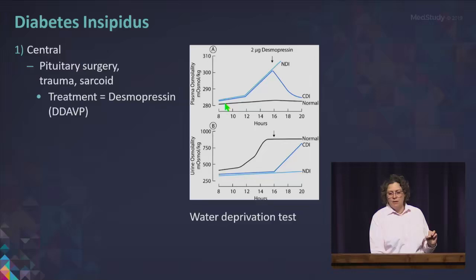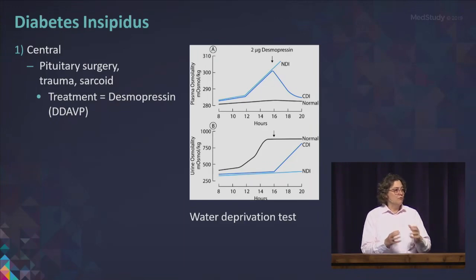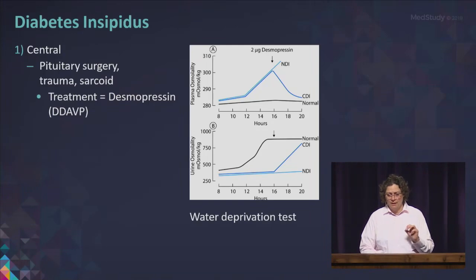As your plasma osms slowly creep up, change a minor amount, you are going to see that there's going to be huge changes in urine osms, meaning we're going to try to concentrate our urine to keep our free water to prevent the serum osms from going any higher. We want to prevent hypernatremia, prevent dehydration. So very small changes in plasma osms lead to huge changes in urine osms, and that is because of antidiuretic hormone. That is what is regulating it.